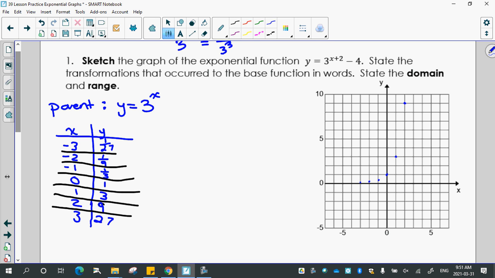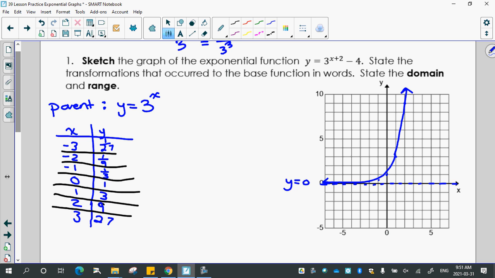We can't fit the 3 and 27 points on, but we're using arrows anyways. And we have to draw our asymptote in. I'm going to use the same color so my graph doesn't look too confusing in the end. So this is y equals 0. Arrows on both ends. There's my parent.